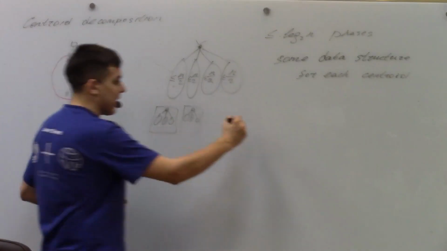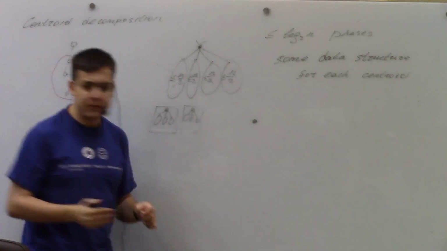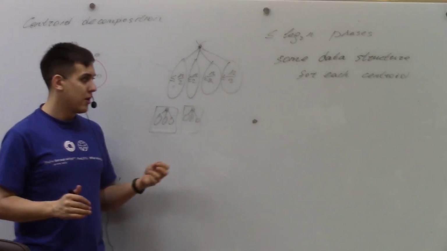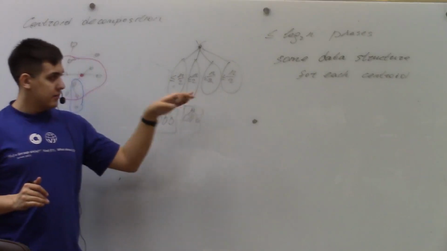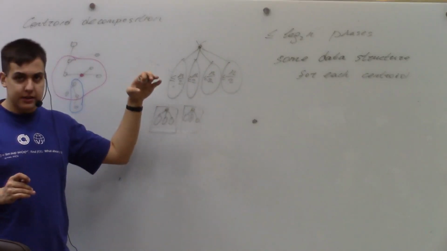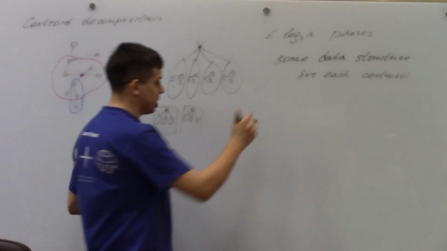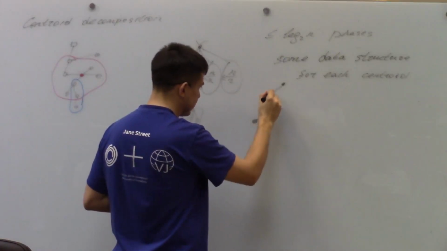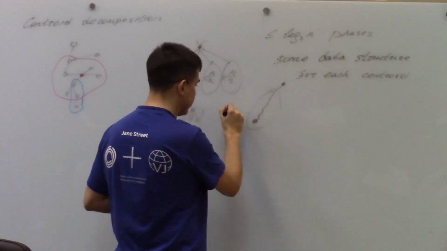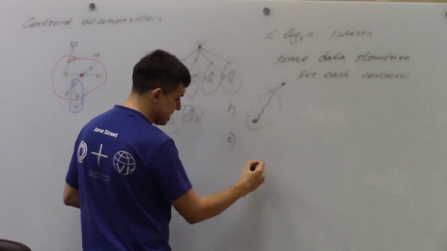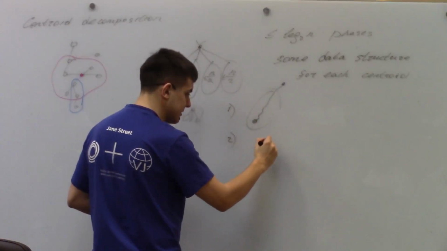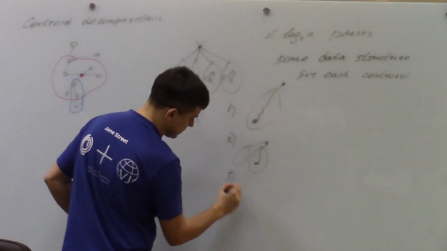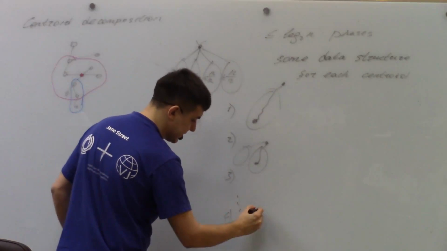Every vertex was removed at some point, right? In the first phase, it had some centroid, and it was in the subtree of that centroid in the first phase. Then in the second phase, it was in the subtree of some other centroid, and so on until it was the centroid itself.